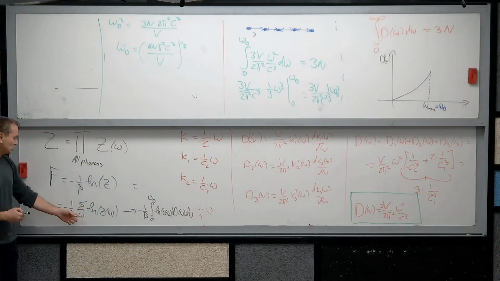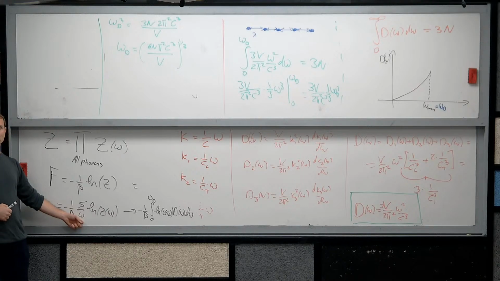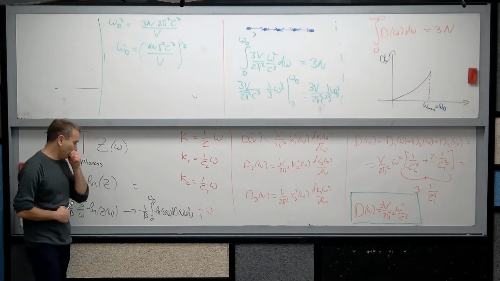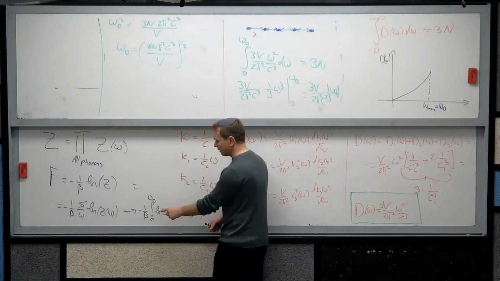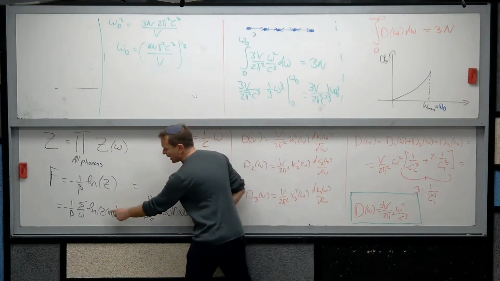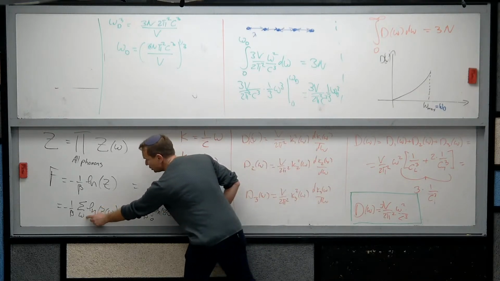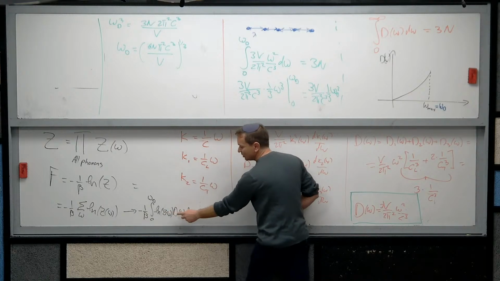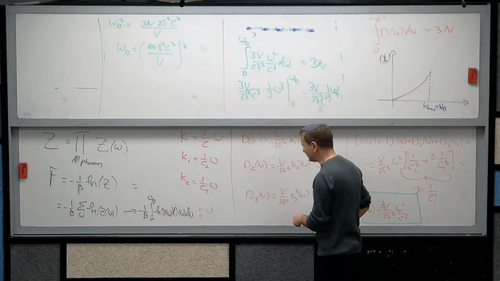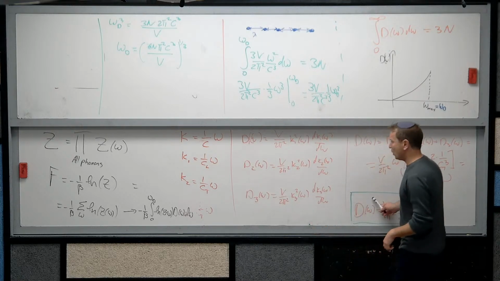Because omega is not discrete, omega is actually continuum, for any given omega there is a density. So this summation is transforming into the integration, and this is where we need the density of states that we also have.